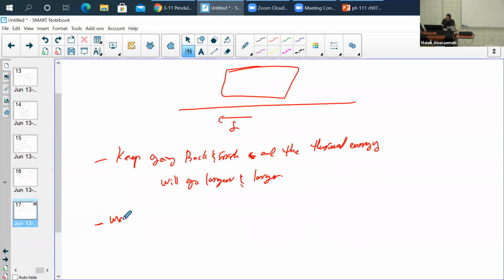Now your work done by friction depends on the path taken. So basically, friction is not a conservative force.